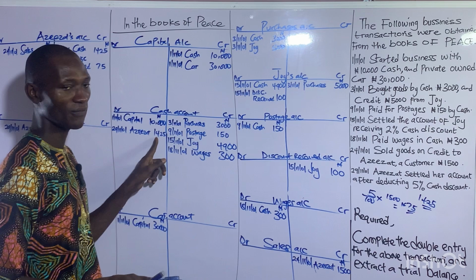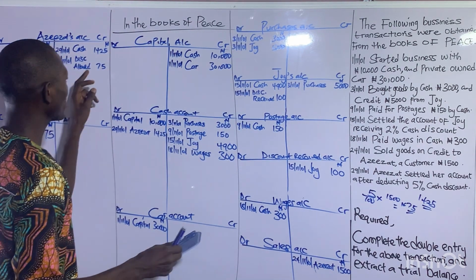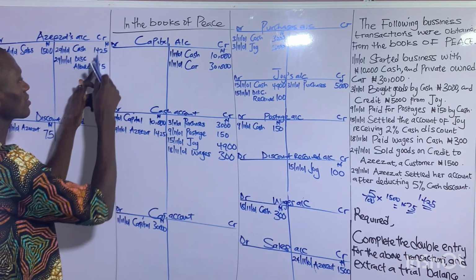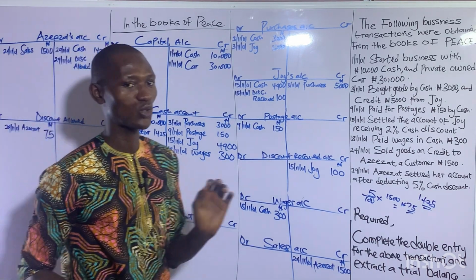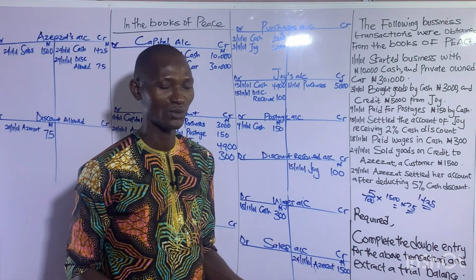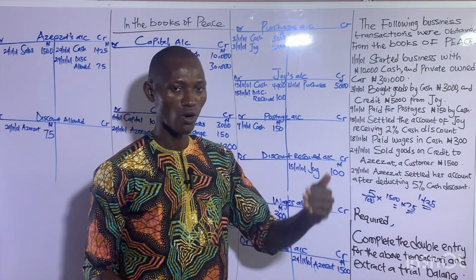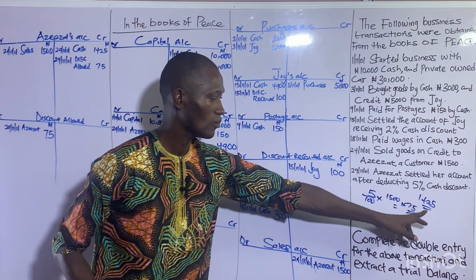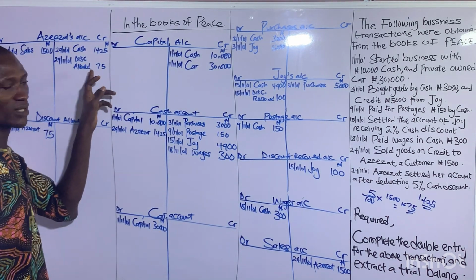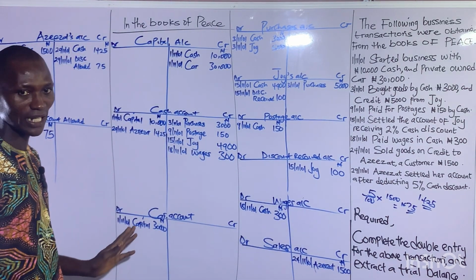That's why you see it reflects in the cash account. Ordinarily Azizat ought to have paid 1,500, but because of the discount she was allowed, she's now paying 1,425. Then the discount has to be reflected in our account, which is 75. So I hope that is understood.